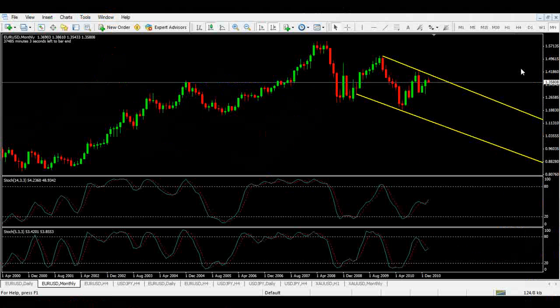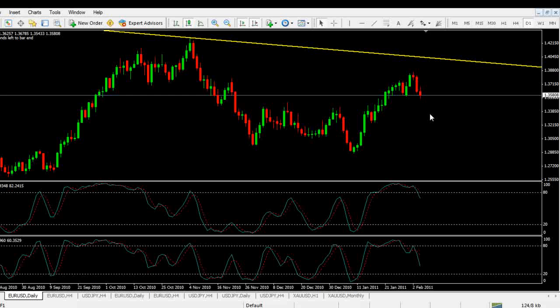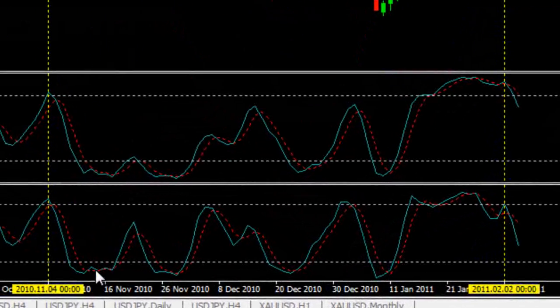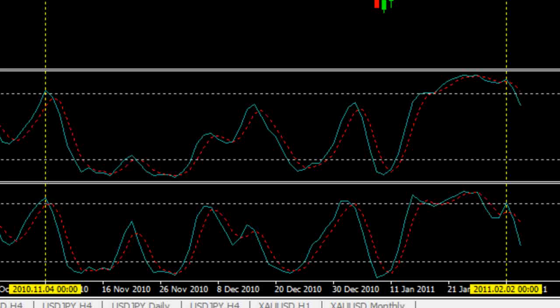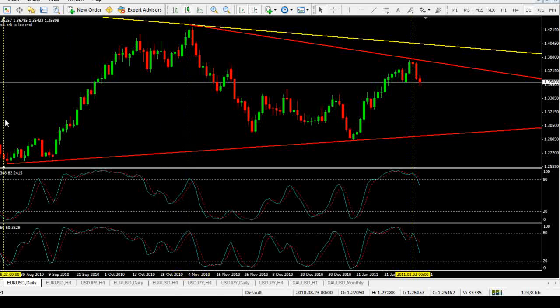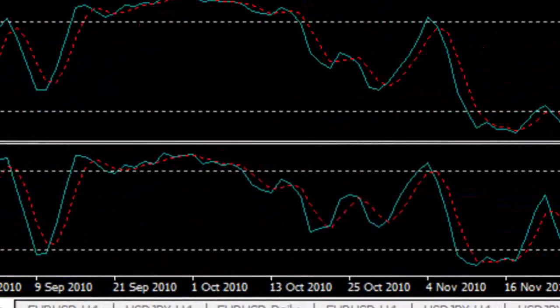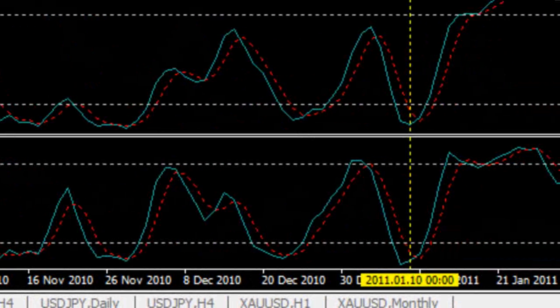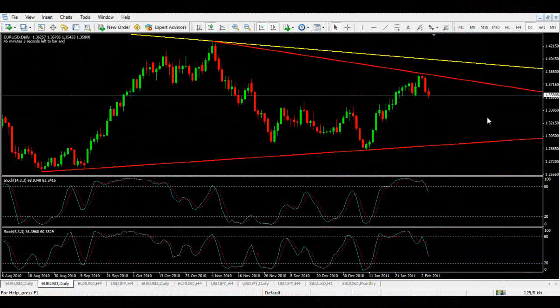Now, within this channel in the daily chart, let's draw the inner trend lines connecting this higher high to the lower high, from the 4th November 2010 high to the 2nd February 2011 high, and connecting this lower low to the higher low, from the 24th August 2010 low to the 10th January 2011 low, which forms a symmetrical triangle within the channel in the weekly chart.